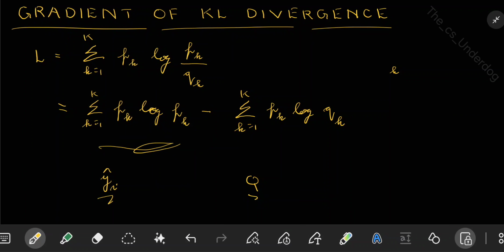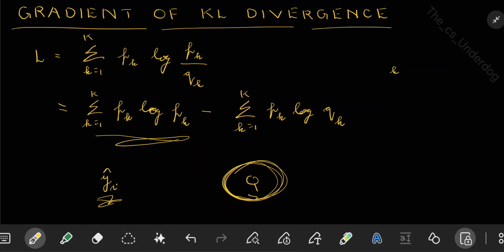This is all coming purely from distribution p, which means when you take the derivative with respect to q, this one will be constant. So when we are taking the gradient, this is not significant. You can remove this part, even though it is part of the loss. When you are taking the derivative, it is not significant.